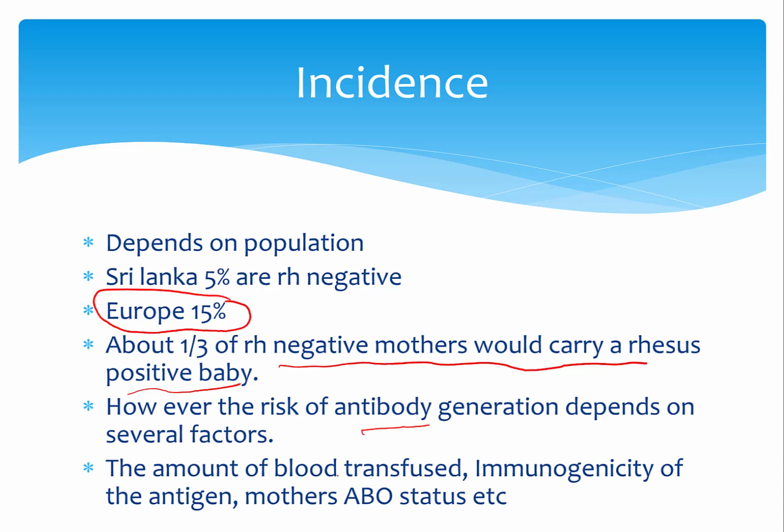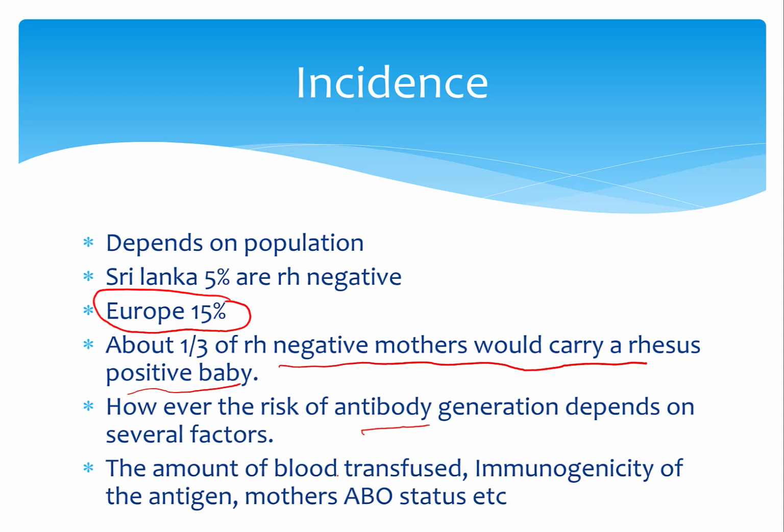And on top of that, there is a protective mechanism working on top of the rhesus system, which is the ABO system, the dominant antigen-antibody system. So if a rhesus negative mother at the same time carries a different ABO group baby, say an A negative mother carries a B positive baby, the ABO system is very quick because its antibodies are already there.